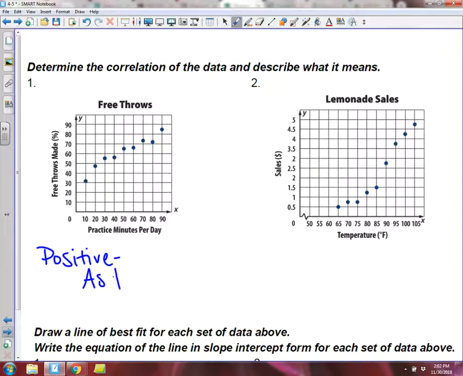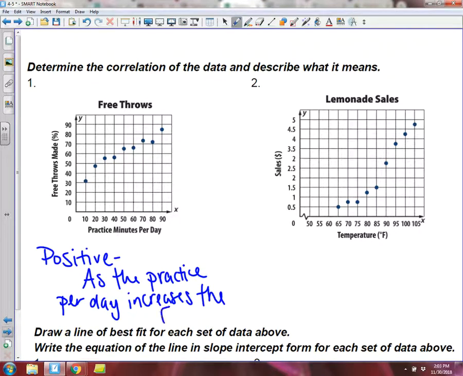So we're going to say as the practice per day increases, what happens? The free throws made increases. And folks, that is typically true, right? The more you practice your free throws, the more you're probably going to make. Typically.